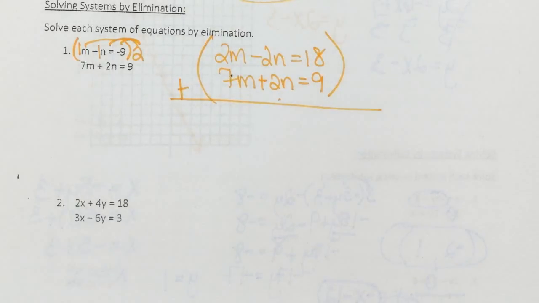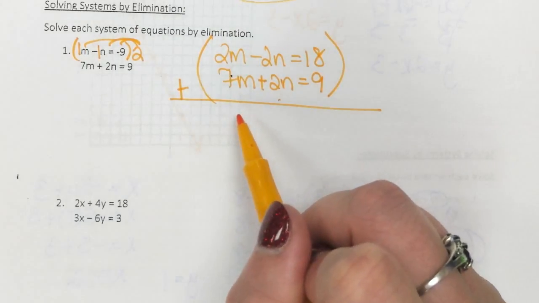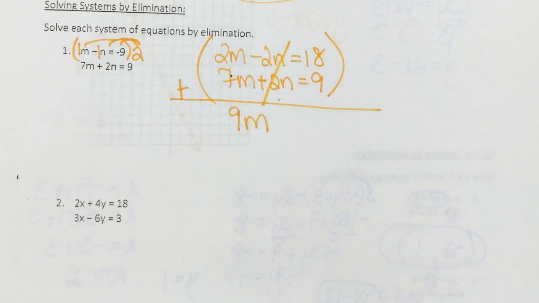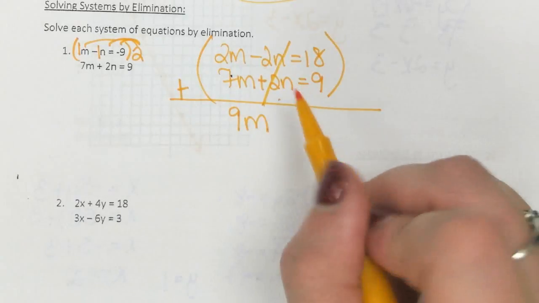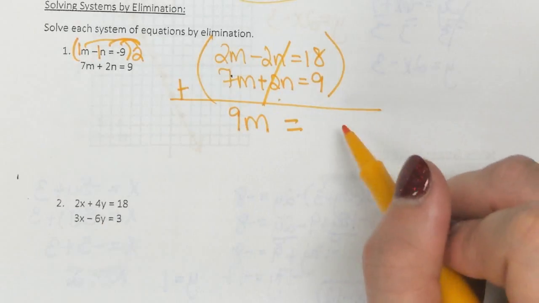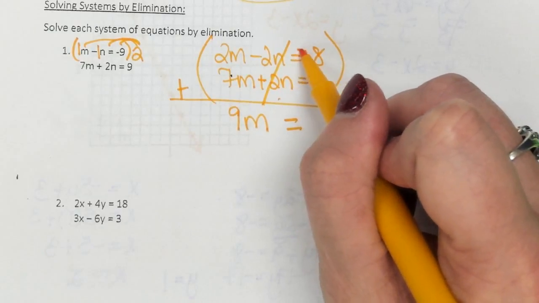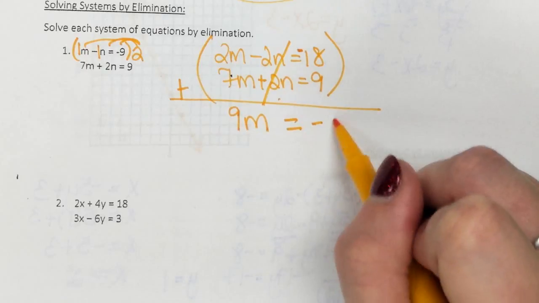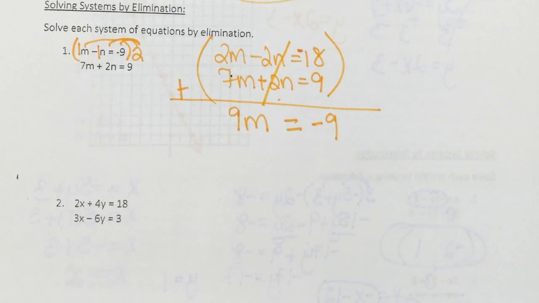But if you do it to one of them, you've got to do it to all of them. So what's 2m plus 7m? 9m. There you go. And negative 2n plus 2n is 0. But you don't have to write the 0 since you have the 9 there. And then what's 18 plus, oh, excuse me, that's supposed to be negative. Yep. Negative 18 plus 9. Negative 9. There you go.